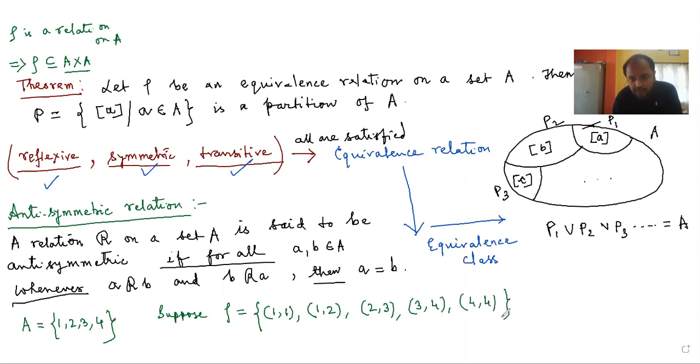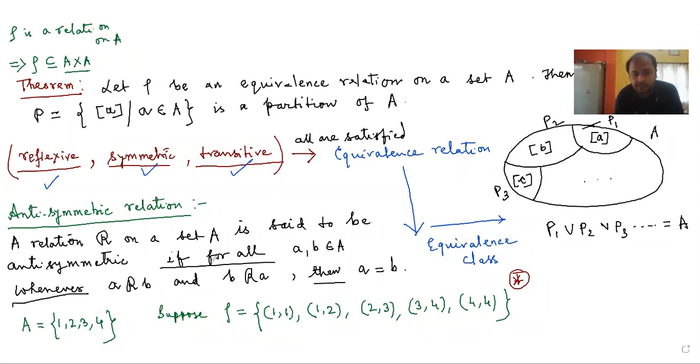We want to check whether this particular relation is antisymmetric or not. I'm putting a star over here because this is an atypical problem, and you have to understand and be very careful about this particular problem and what I'm going to tell you. Now you see (1,1), (1,2), (2,3), (3,4), (4,4). Look at this definition of antisymmetric relation.